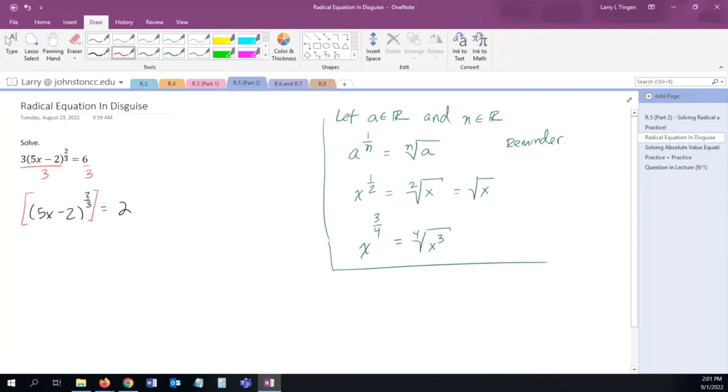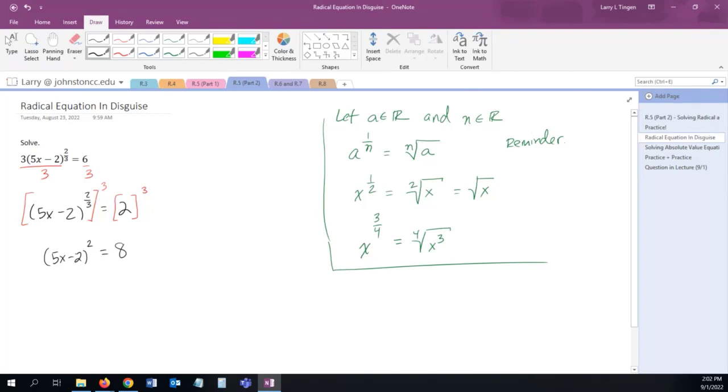Once the 3's divide, I'm just left with 5x minus 2 squared. So I'm going to raise this to the 3rd power. If I do it over there, I have to do it over here. So isolate, exponentiate, and I'm left with 5x minus 2 squared is equal to 8.